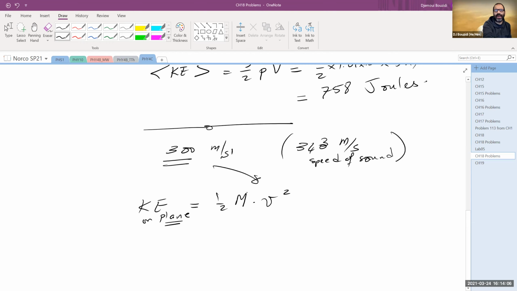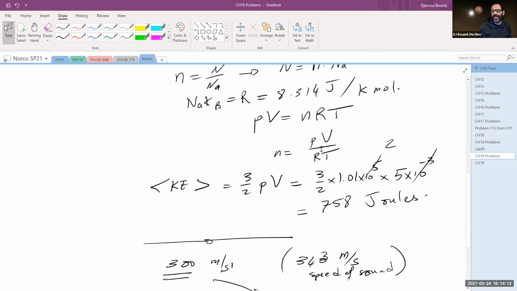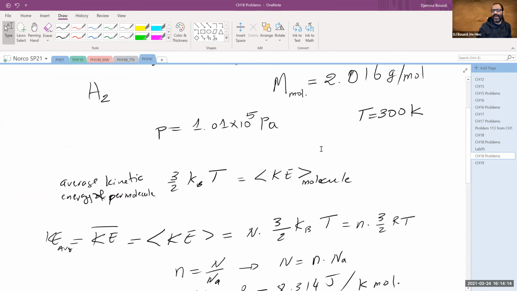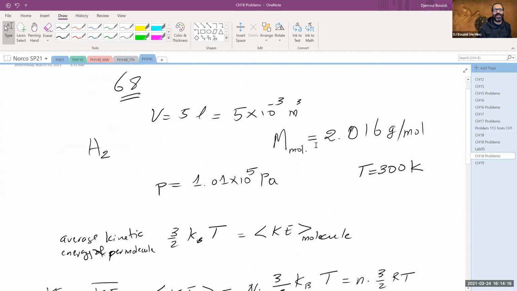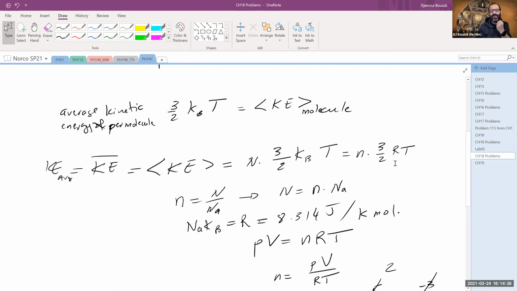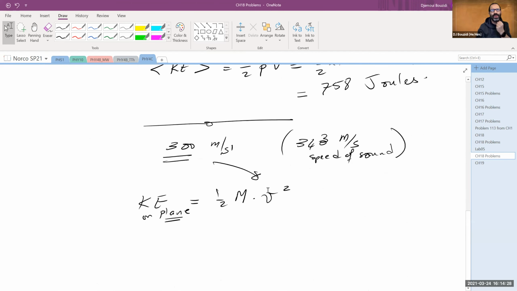Here is the velocity of the plane with which it's moving. So in this case, I need the mass. I know how many moles we have in here. So we really need the number of moles times the molar mass, because they give us how much the hydrogen weighs per mole. And it weighs 2.016 grams. Don't forget to convert this into kilograms if you expect to find this expression in joules.